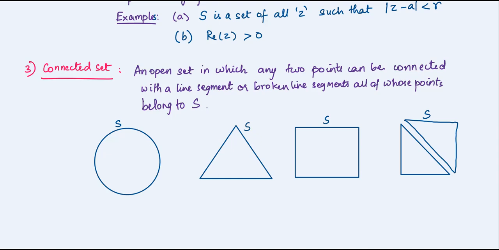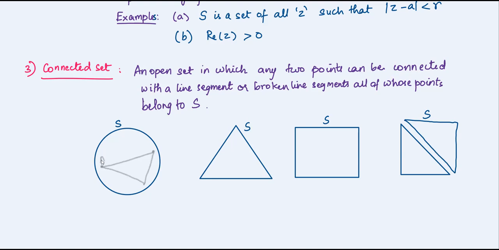Now here, let's say all these are considered an open set. Open set means boundaries are not involved. Now let's say I take 2 points here. These 2 points I can connect with a line segment, or with multiple line segments.